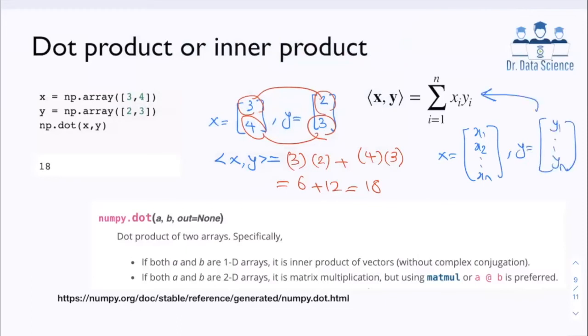That's the general formula for inner product and dot product. And I'd like to emphasize again that the result of inner product or dot product is always a scalar or a single number.